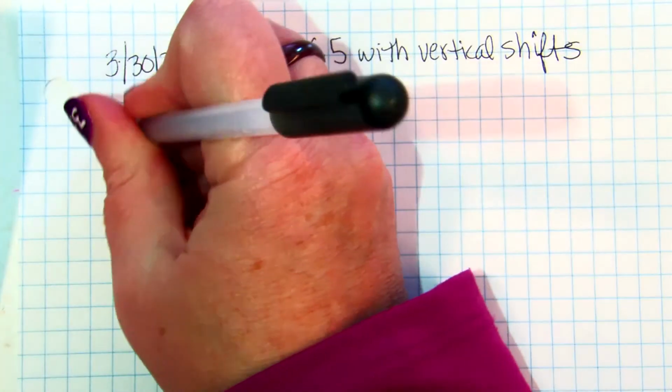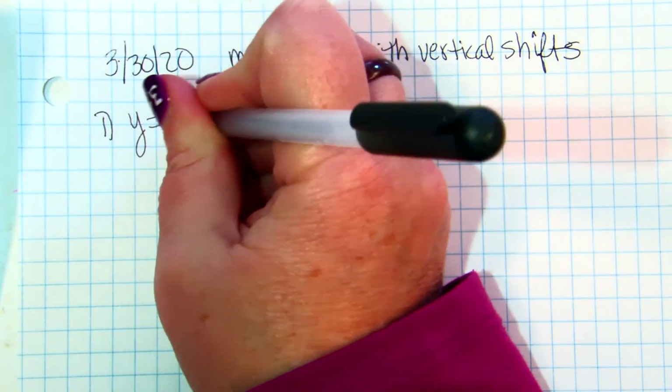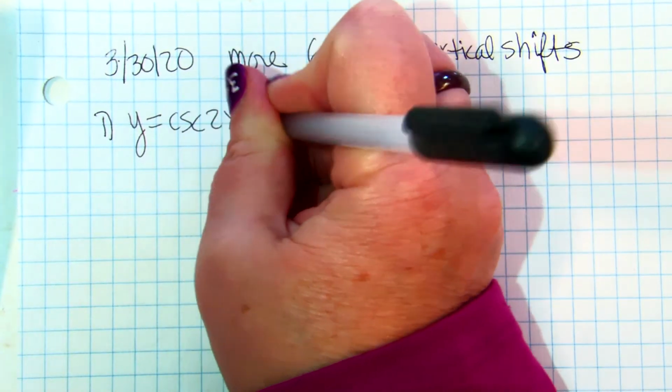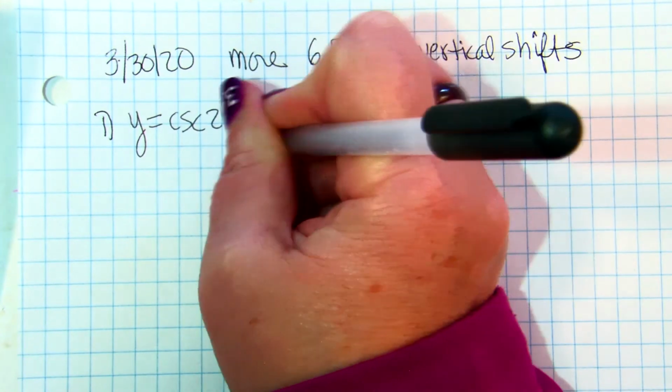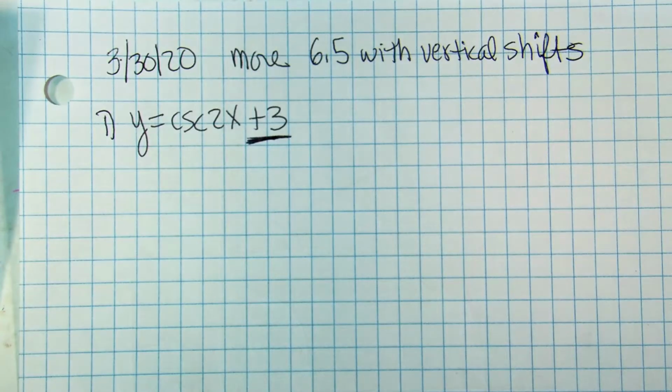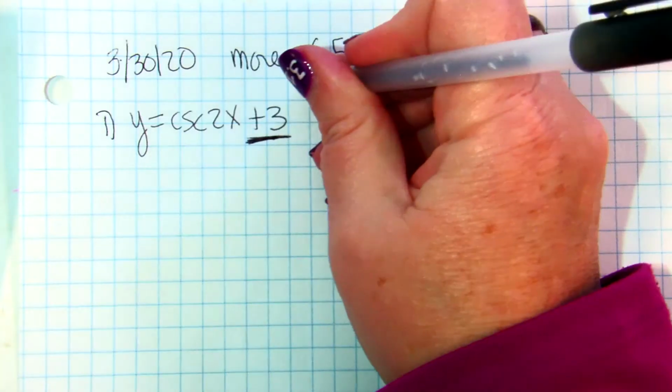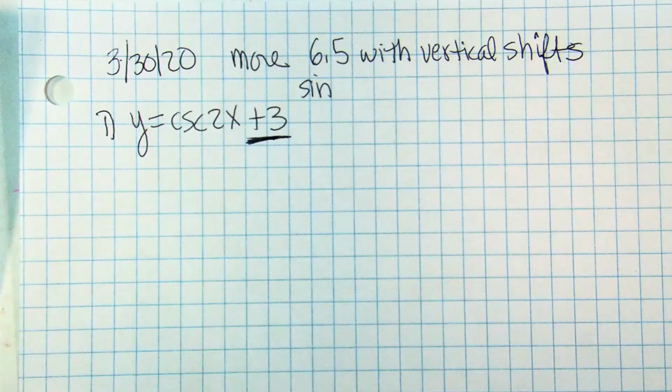So number 1, y equals cosecant 2x plus 3. So the vertical shift is plus 3. The first thing you have to ask yourself is, is it sine or cosine that it's the reciprocal of? And the answer is sine.